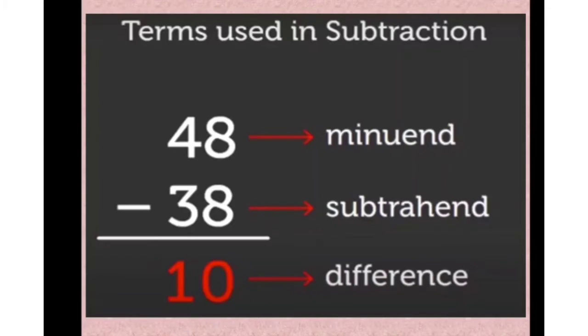The number from which a number is subtracted is called the minuend. Once again, the number from which a number is subtracted is called the minuend. Another, the number that is subtracted is called the subtrahend. And the answer we get after subtraction we call the difference.